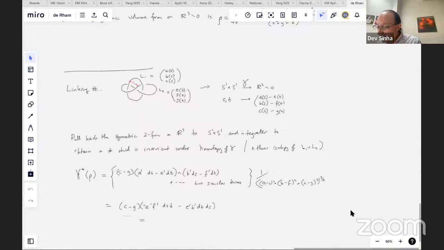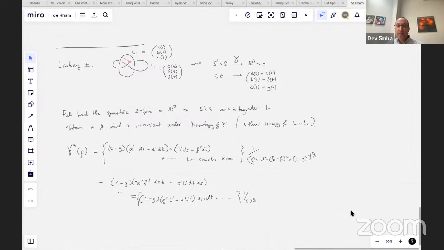And if I simplify that, I get c minus g times, well, dt ds is minus ds dt, so I get e prime b prime ds minus a prime f prime ds dt. And I would have two similar terms, and then I would have this 3/2 denominator.